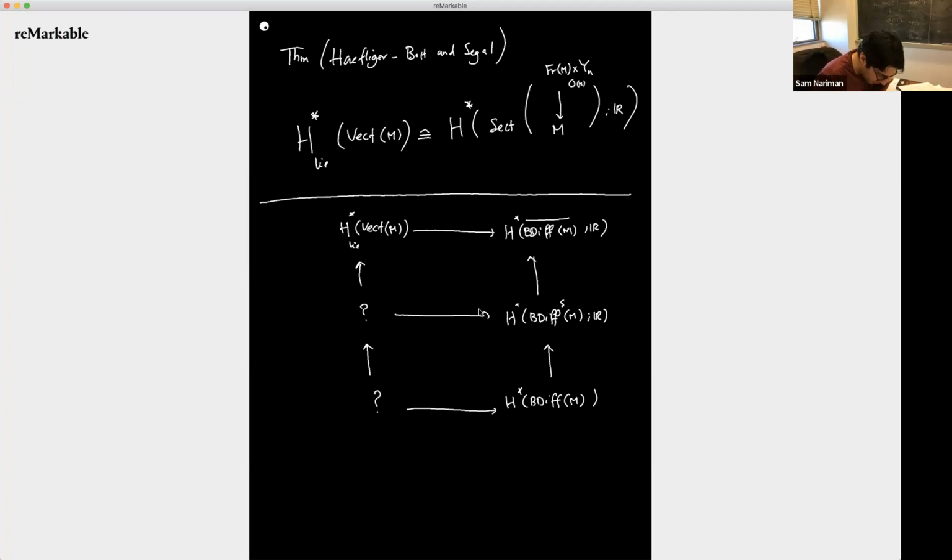But already this point of view has some consequence of proving non-vanishing results.